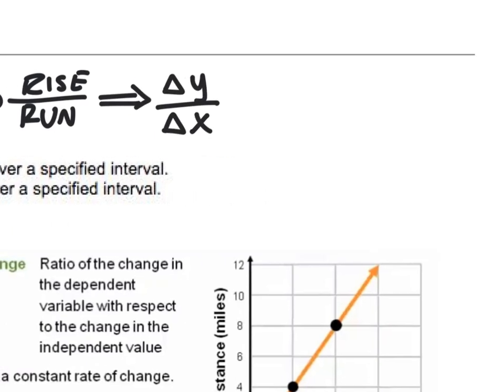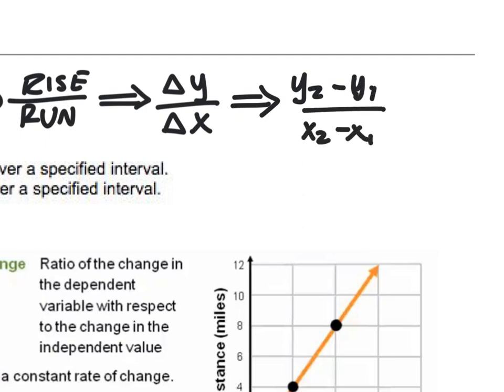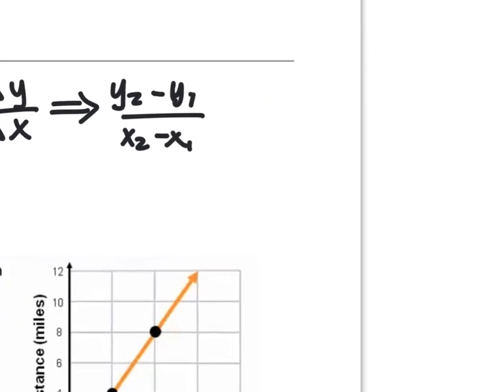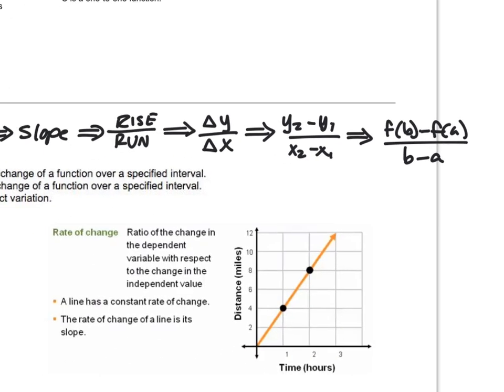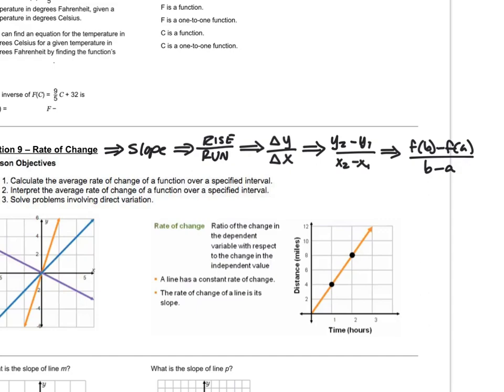Others may think of it using the slope formula given 2 points as y sub 2 minus y sub 1 over x sub 2 minus x sub 1. And others in an Algebra 2 class or pre-calc or even calculus can use the difference of two function values, so f of b minus f of a over b minus a. All of these things represent the same thing: rate of change, slope, all that kind of stuff.